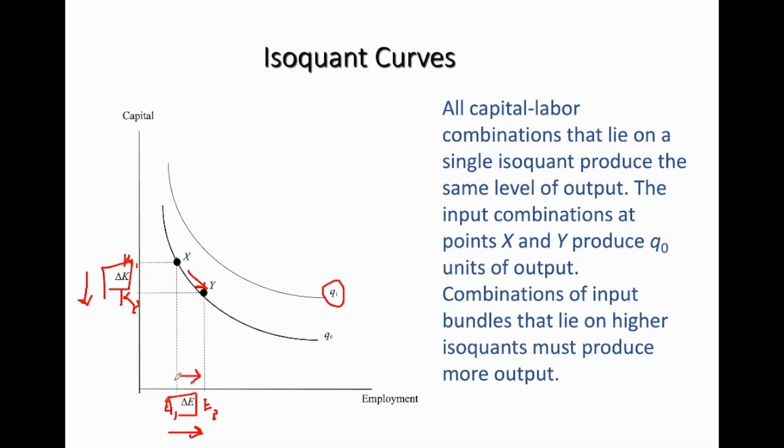As we hire more workers, there should be a gain in output, and the gain in output is given by the change in employment times the marginal product of worker.